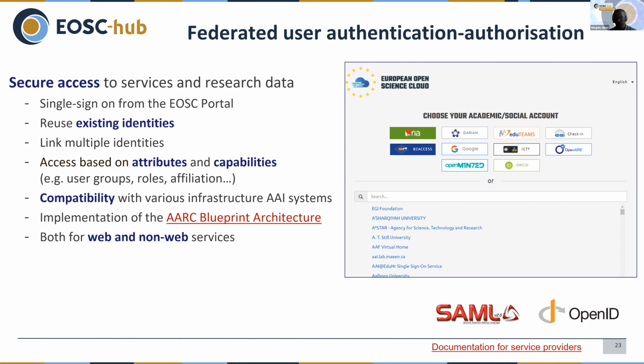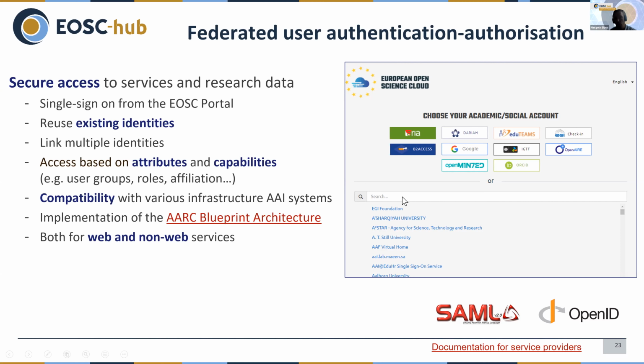This whole system is interoperable with other community-based authorization and authentication systems. You can see a couple of these, such as from the DARIAH research infrastructure, from the EduTEAMS system from GÉANT, from OpenAIRE Identity, and some other project-specific identity providers.